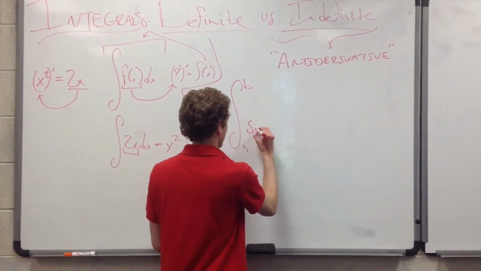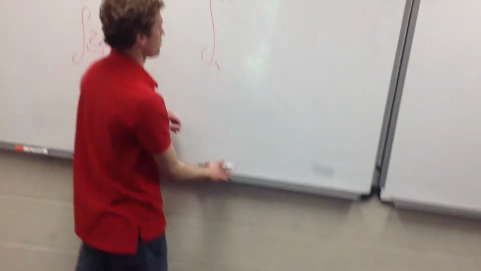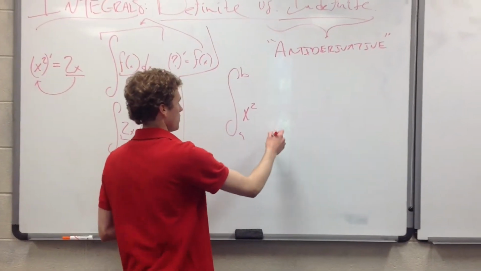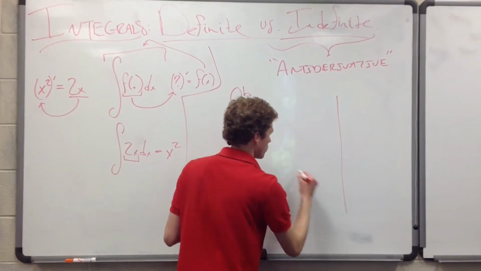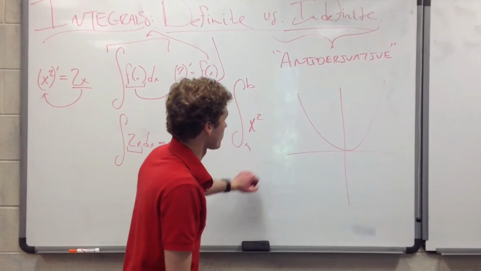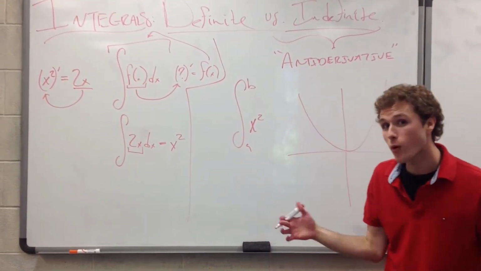So, the definite integral over A to B of some function, let's just say x squared. Let's make this really easy once again. What's the definite integral of this? Well, let's just draw x squared. It's a really simple parabola. It's the parent function, right? So here's x squared over A to B. A to B can be any points we want.